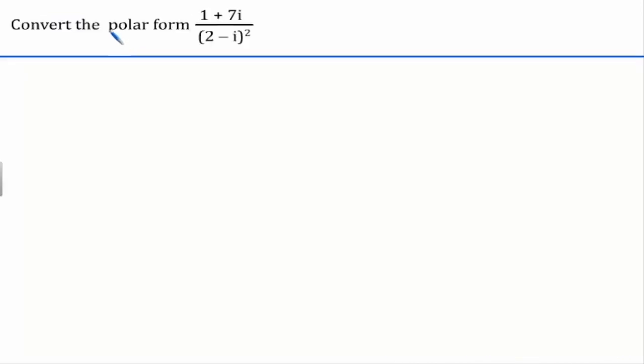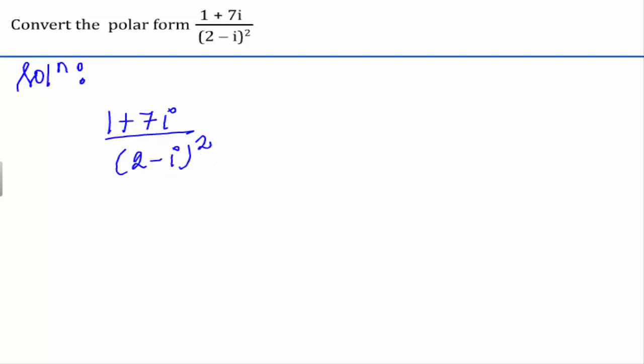In this question, we need to write the given complex number in polar form. Let us begin with the solution. Given (1 plus 7i) divided by (2 minus i) whole square. First, let us simplify this. So this will be equal to (1 plus 7i) divided by (4 plus i square minus 4i).